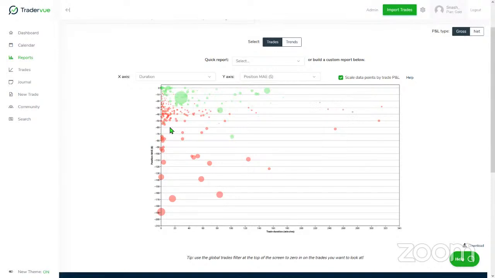And here we have trade duration. Essentially we want to look at after what point during the trade duration we're no longer having any winning trades. And remember, winning trades are green dots, and the bigger the green dots, the bigger the profits. But after what point are we not getting any winning trades?